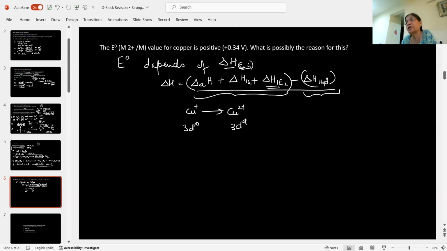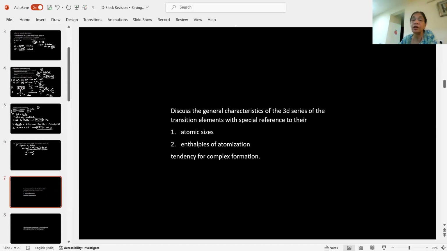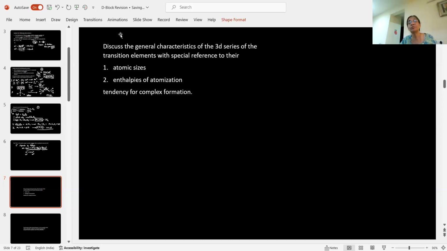So the second ionization energy, which is required to convert Cu+ to Cu2+, is very high, and that is why the reduction potential of copper is positive. This is also a very, very common question, which has been asked many, many times in previous years' question papers.